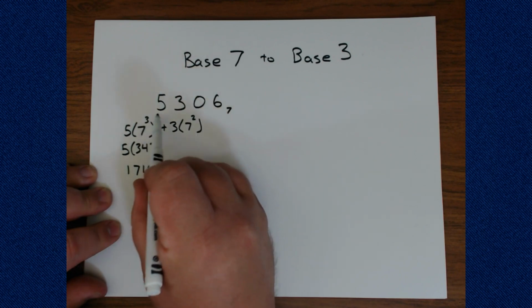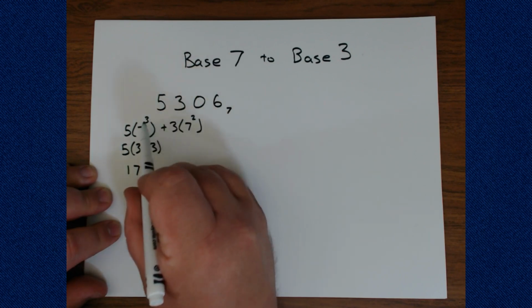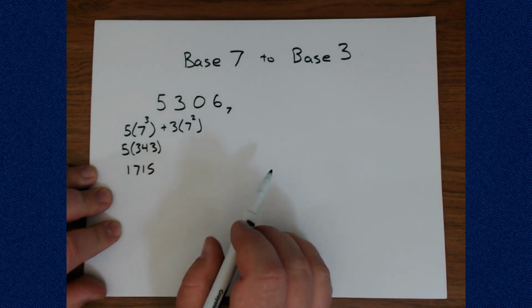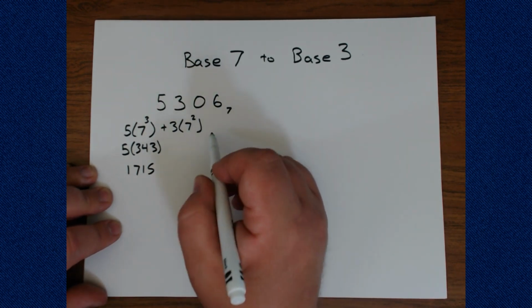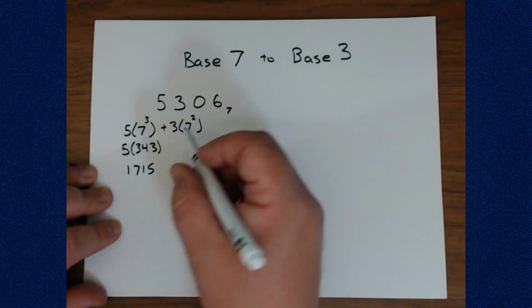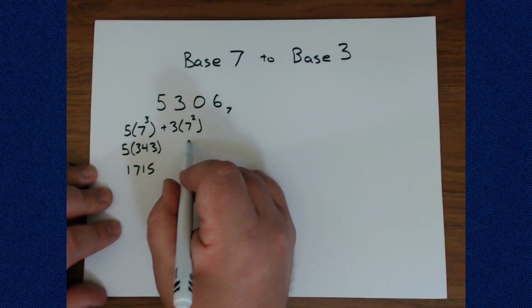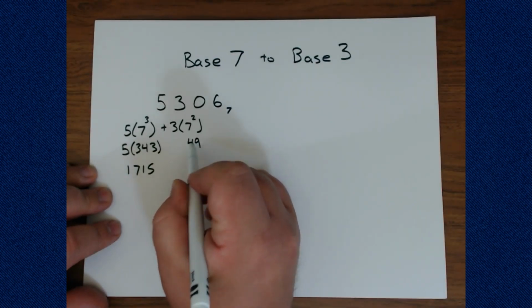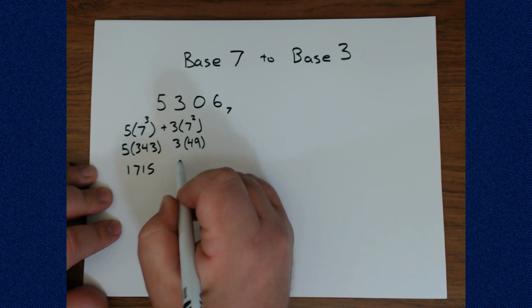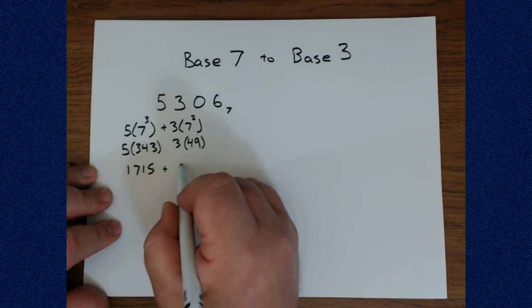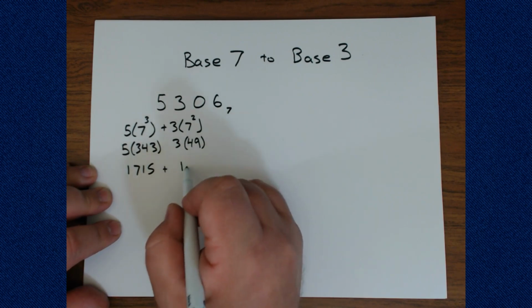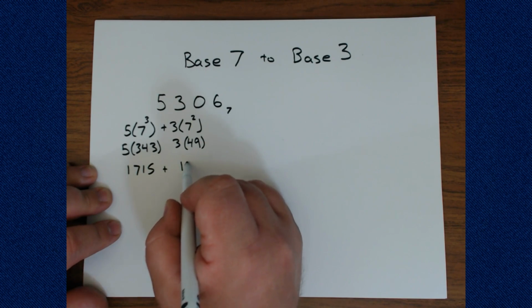I know it's 2 because it's 1 to the right of the third exponent position. We'll skip the 0 coefficient. Let's solve for this guy. So 7 squared is 49, right? And we want to multiply that by 3, and that is 147.